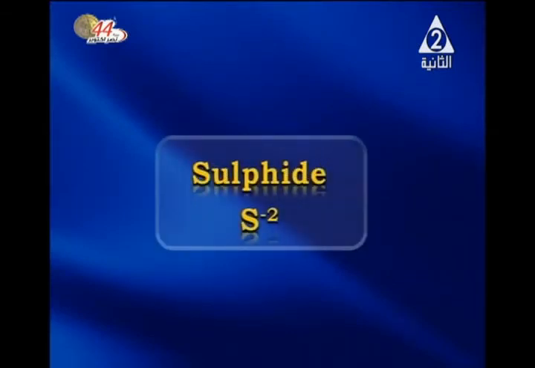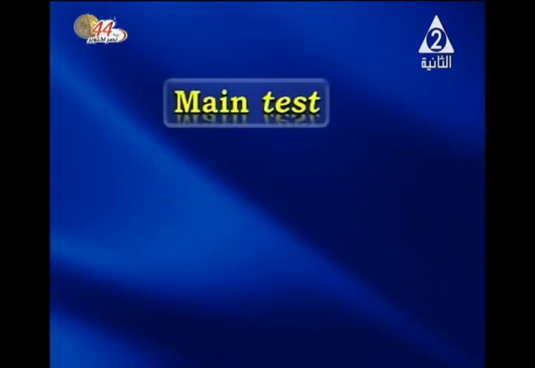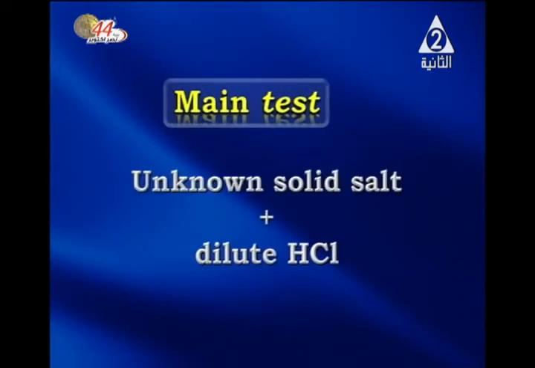Now, my dear students, we are going to discuss the next anion in the group of hydrochloric acid, which is sulfide, that has the symbol shown on the screen as S 2-. Now we are also going to discuss the main test, which is the unknown solid salt plus dilute hydrochloric acid.